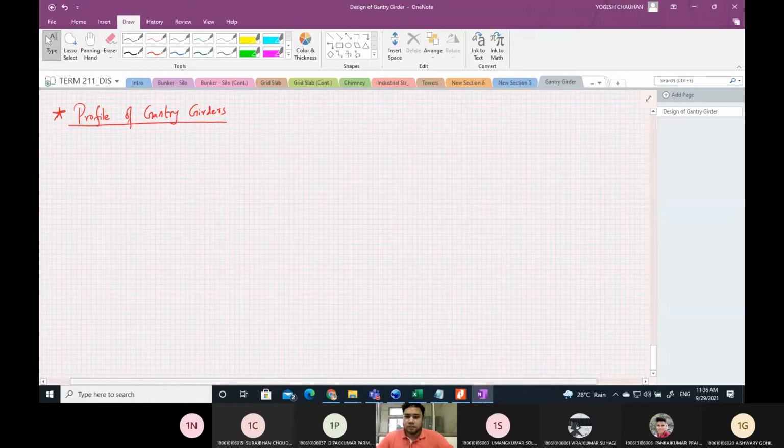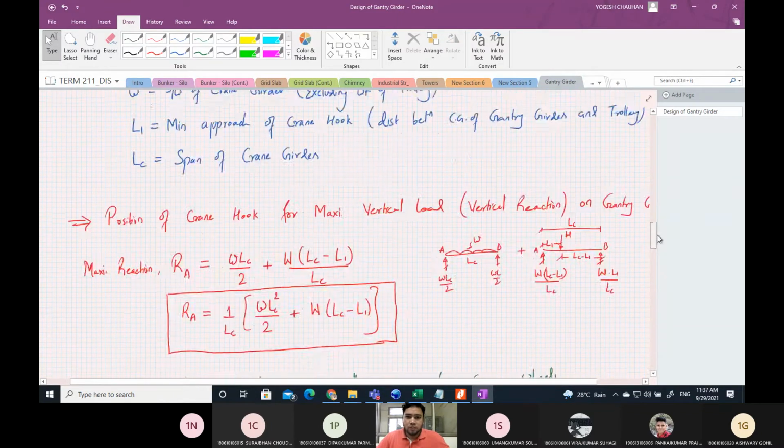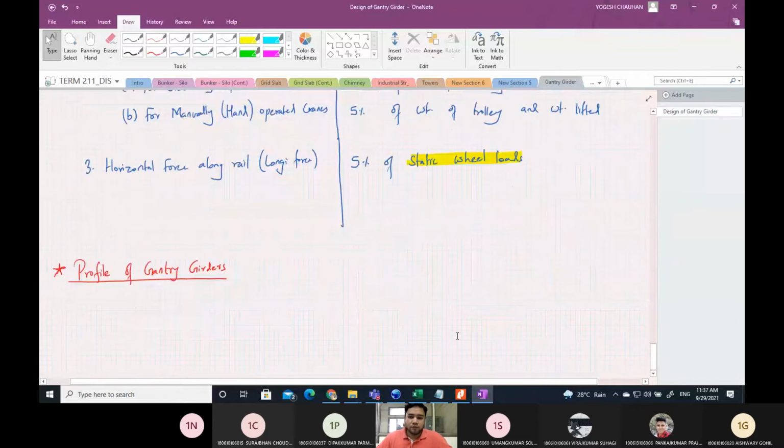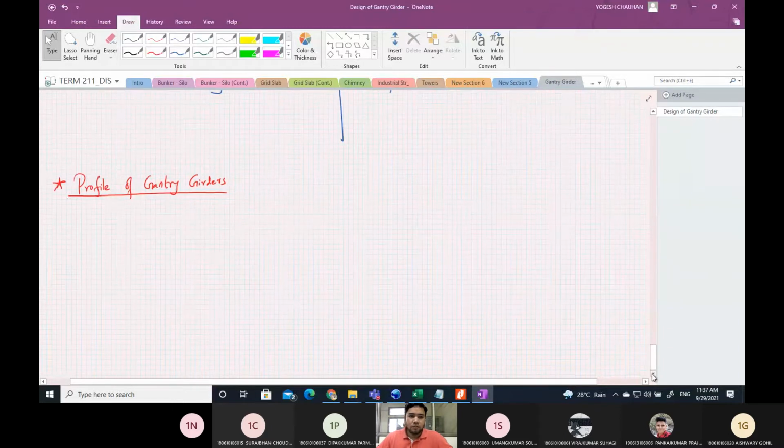Now, the gantry girders are subjected to very heavy bending moment because of the loads from the cranes. So, we require heavy sections for resisting these bending moments, and usually I sections are preferred.